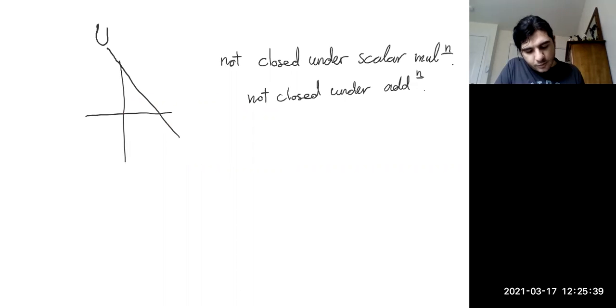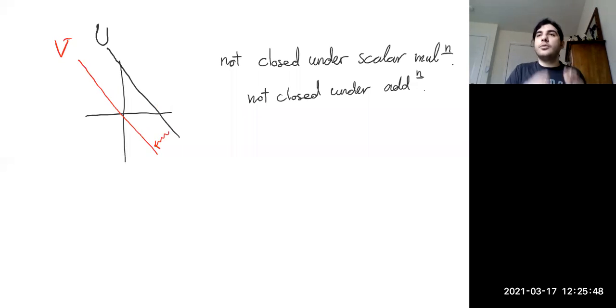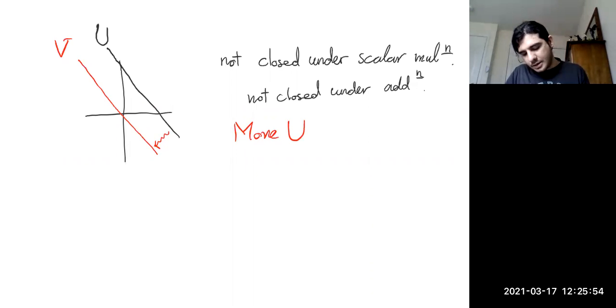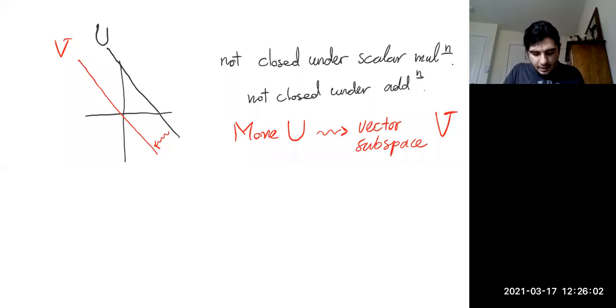I can always move an affine space to the origin in a parallel way, to get a vector subspace V. I can do this with a vector u.